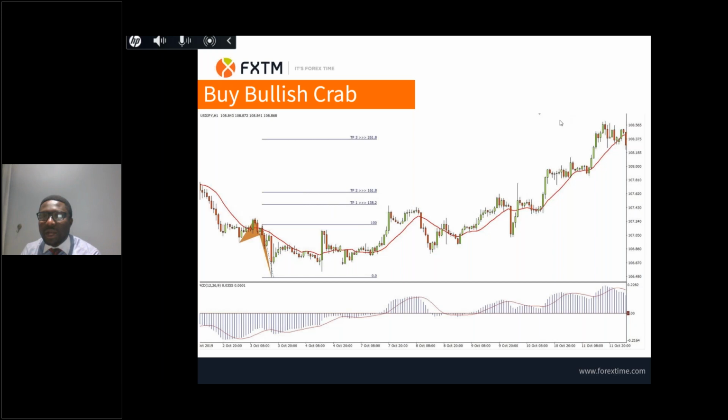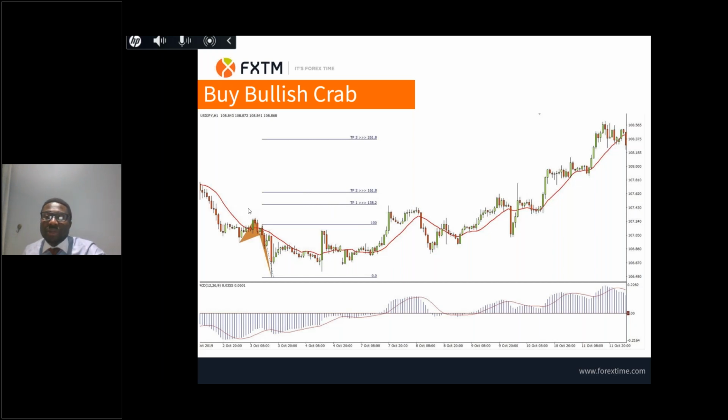All right, so how do I get into this market? Once I spot the opportunity to buy a bullish crab, that is the bullish crab appearing here. As you can see, I have a moving average on my chart. This is the simple moving average 14. By default, it loads on your chart whenever you install.